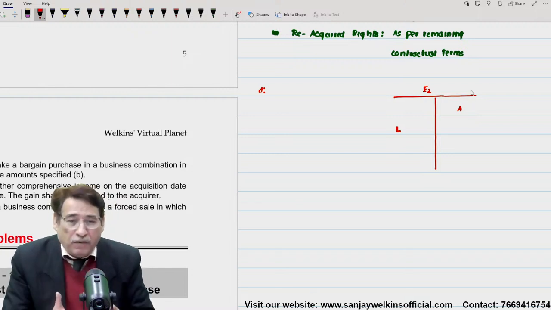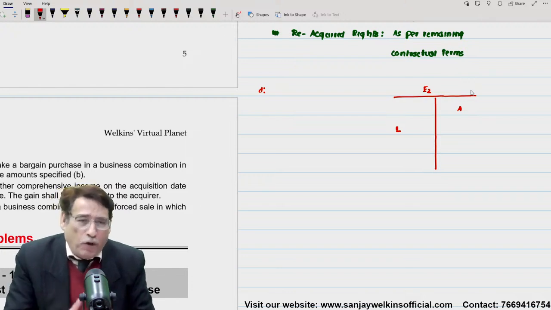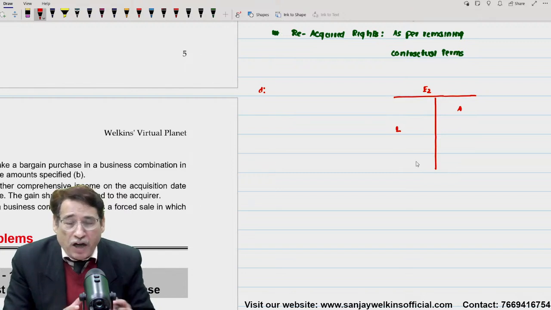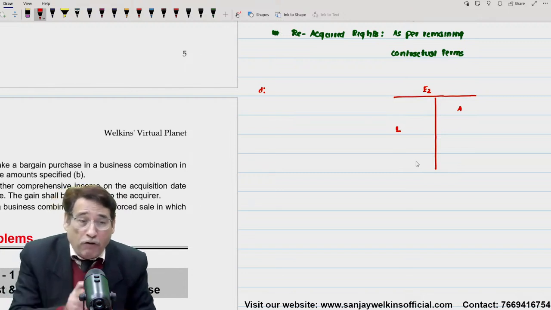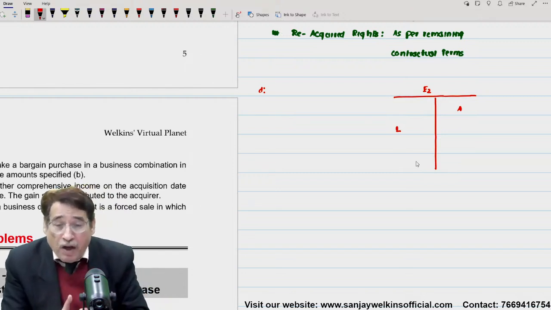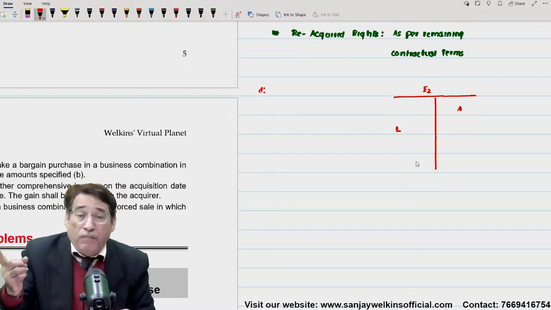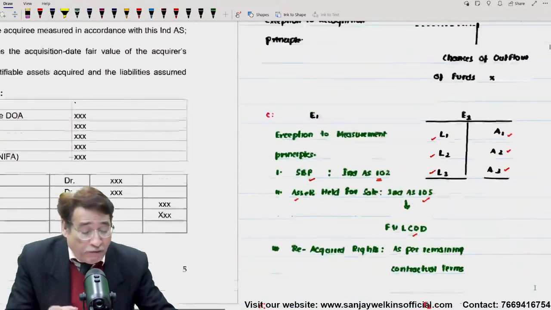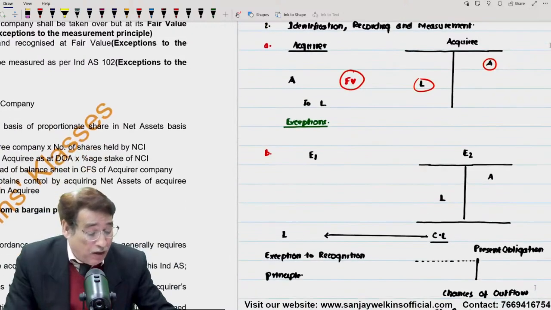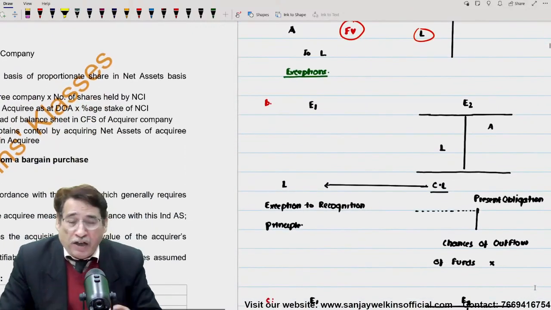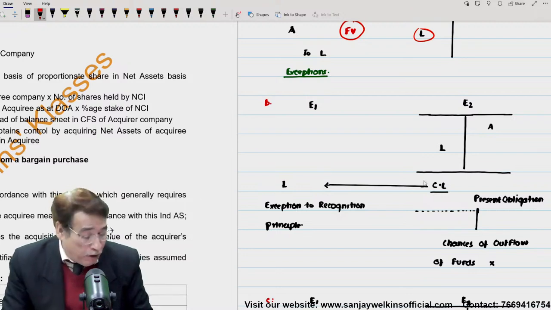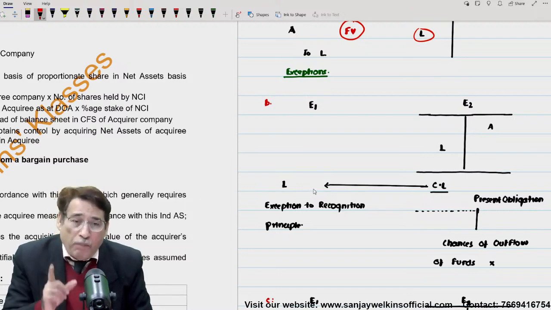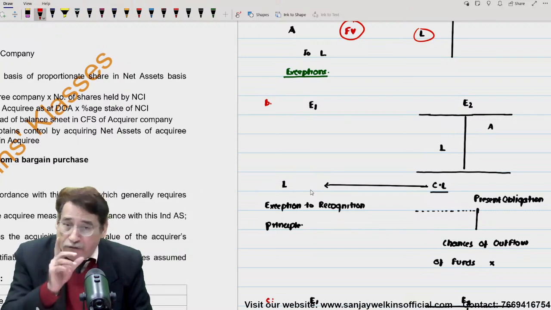And further important point is that in spite of the fact that those items are not appearing in the balance sheet of the acquiring company, we will record them and we will not record them at fair value. For example, in the very first case, you remember, I told you about the contingent liability. Even this item was not appearing in the balance sheet of the acquiring company, but we are going to record it. But important thing is that we are going to record it at fair value.